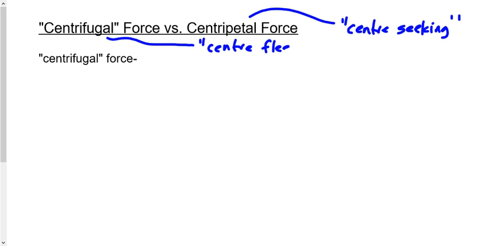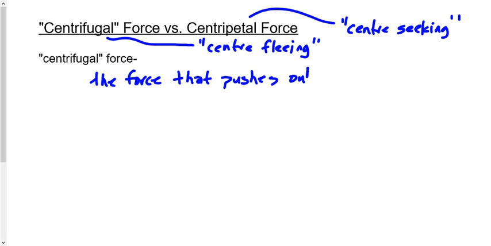Or in other words, that force that pushes something out from the center toward the outside of the circle. But notice I've got centrifugal in quotation marks. I really should have force in quotation marks as well. Because the centrifugal force, that force that pushes something out from the center of a circle, doesn't really exist.